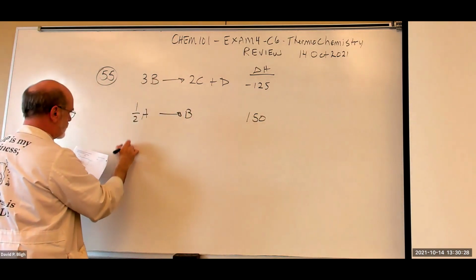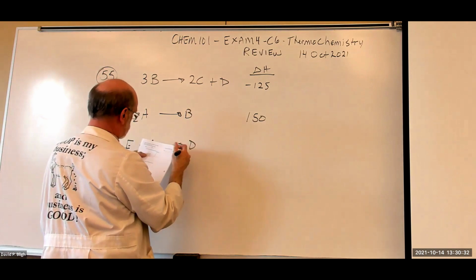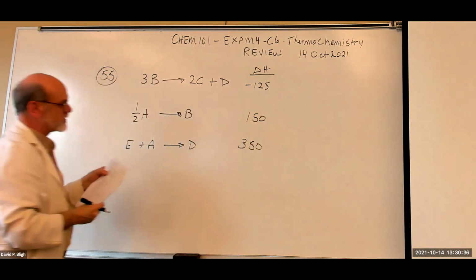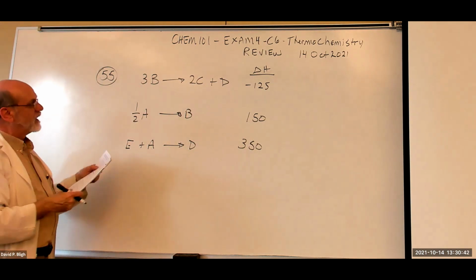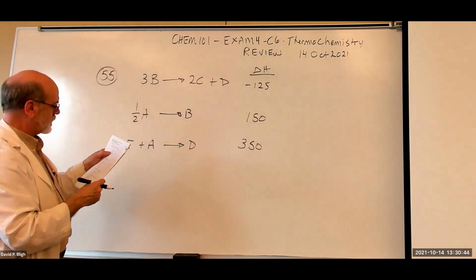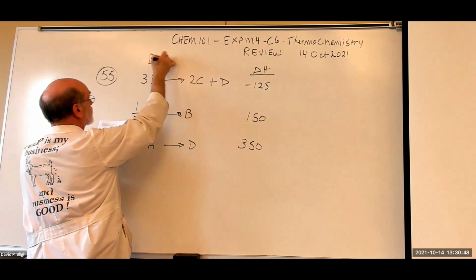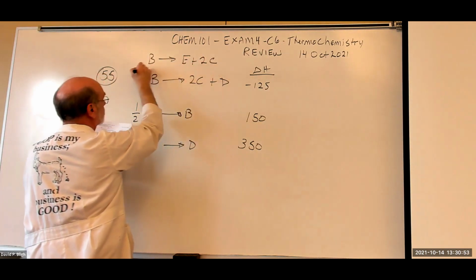And then we have E plus A yields D. That's 350. Those are the equations we have to work with, and we need to use Hess's law to find out what's the enthalpy of this reaction. This is our target reaction. B yields E plus 2C.